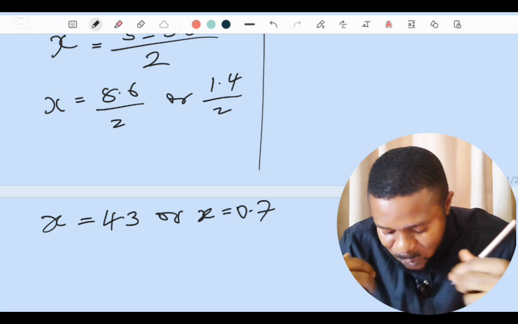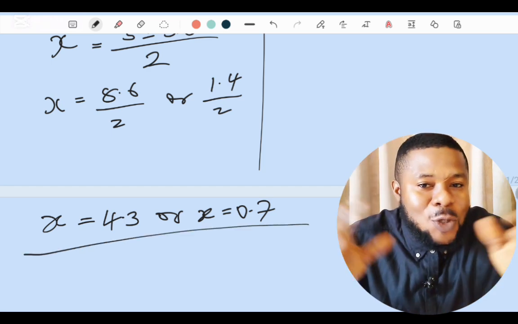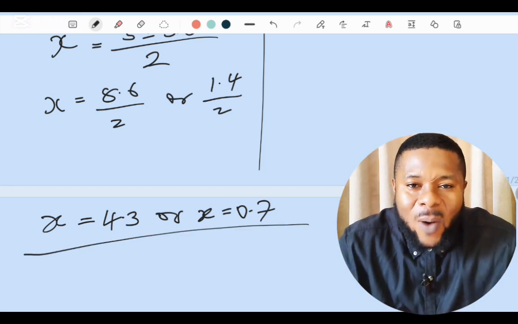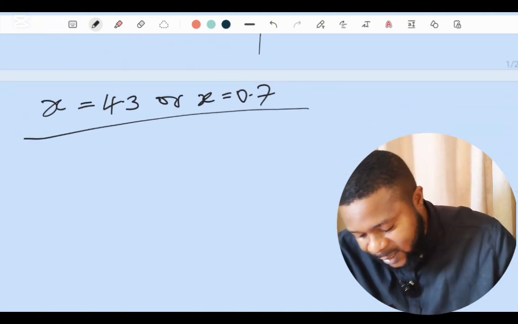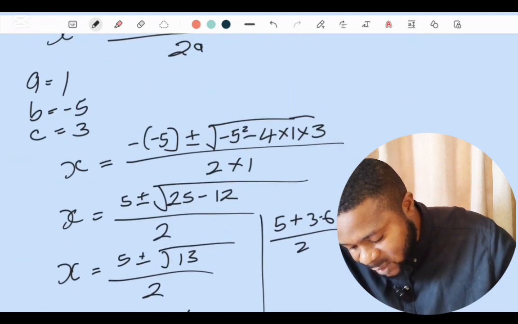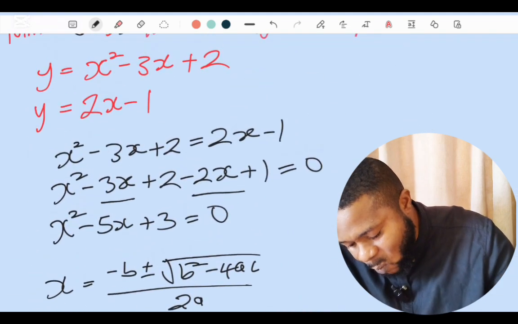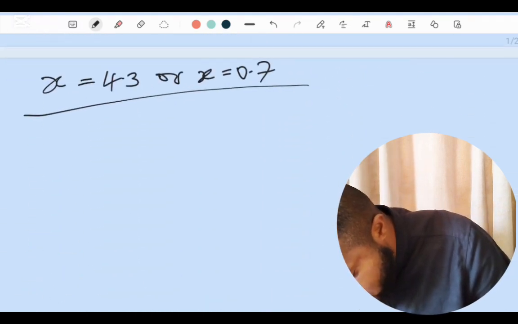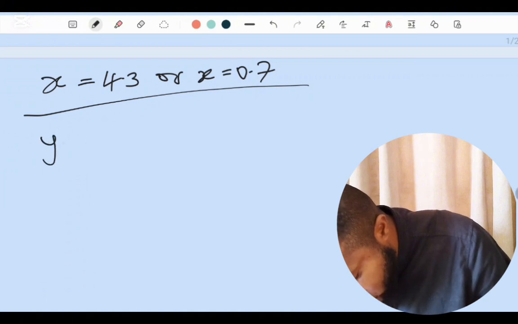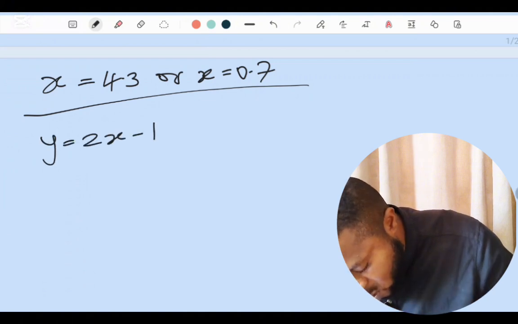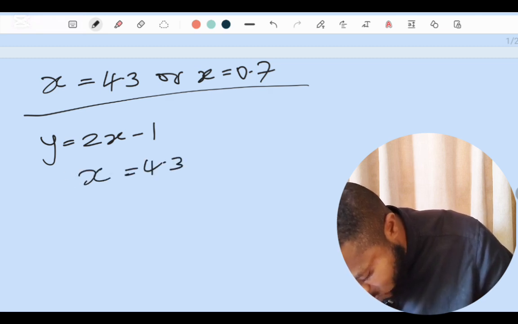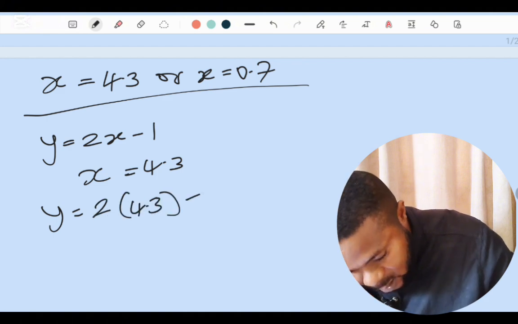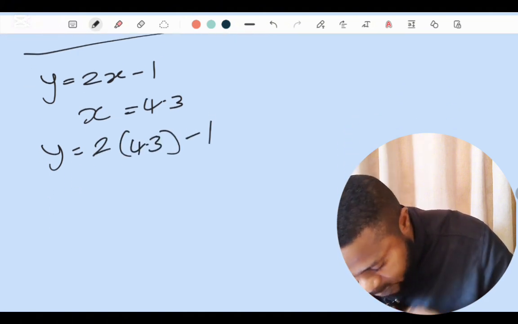Now we are going to substitute the value of x into any of the equations and we get our y coordinate. So for the first one, x is equal to 4.3, and remember that our straight line equation is y equals 2x minus 1. So for x equal to 4.3, we have that y is equal to 2 into 4.3 minus 1. 2 into 4.3 will give you 8.6.